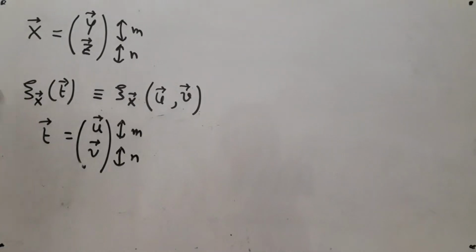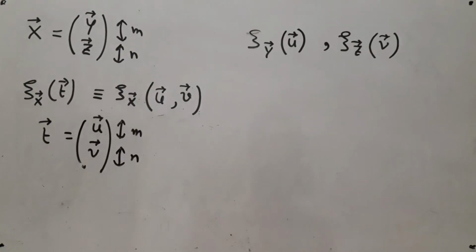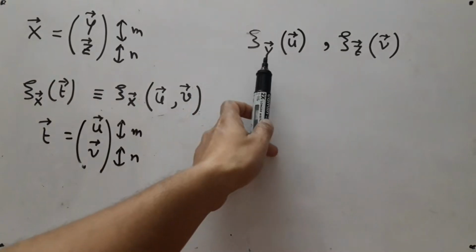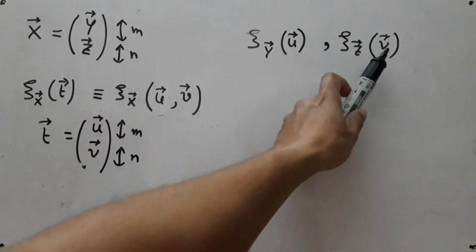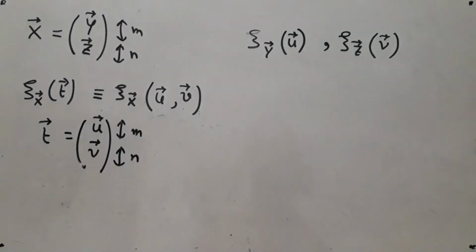Just as x has a characteristic function, similarly y and z also have their own characteristic functions, which I denote by xi subscript y, with the dummy variable u, and xi subscript z, with the dummy variable v.